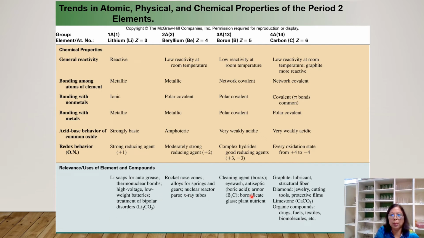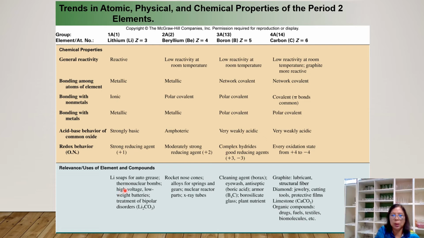Okay, these are practical notes as to how you could meet the different elements found in period 2. Okay, lithium is usually used as soap in order to remove grease in automotive shops.